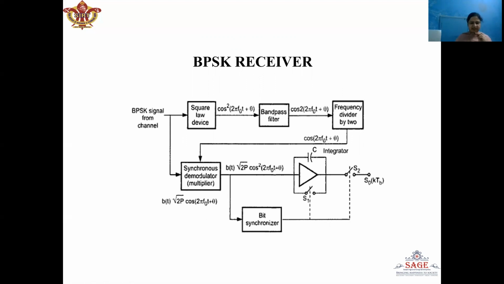This resets the integrator voltage to 0. The integrator then integrates the next bit, leaving the switch S1 open during the entire bit interval, closing switch S1 again very briefly at the end of the bit time. So it is called an integrator and dump circuit.